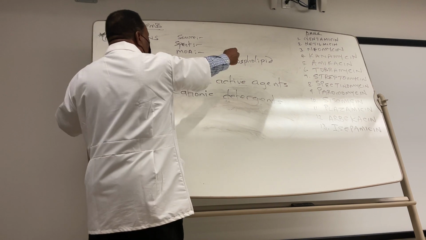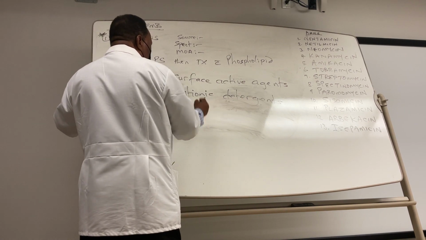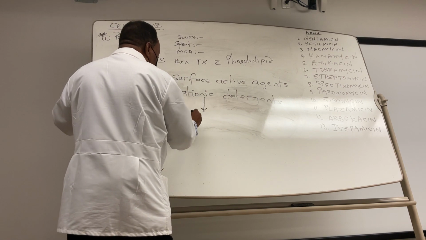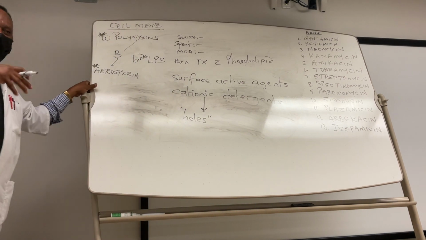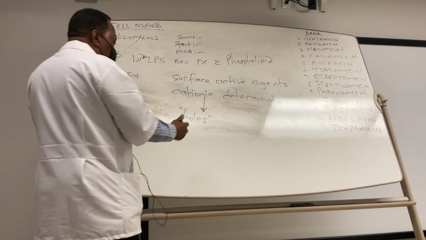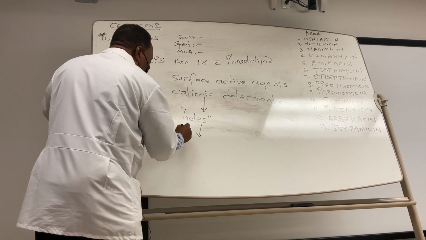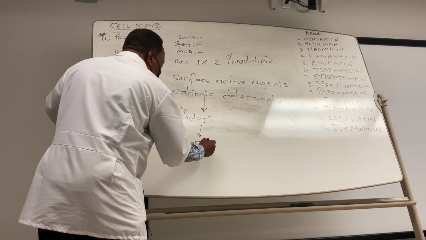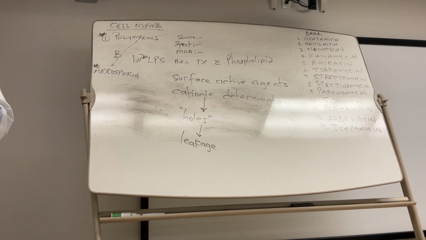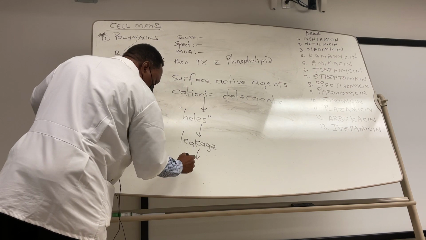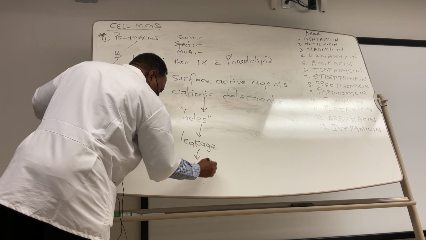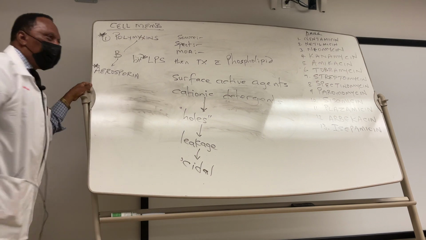And by reacting with those phospholipids, they would create channels or holes in the membrane of the bacterium. And if you do that, then you will have a leakage of the internal medium of the organism. So the internal medium of the organism will leak out, and the bacterium would, of course, be killed.